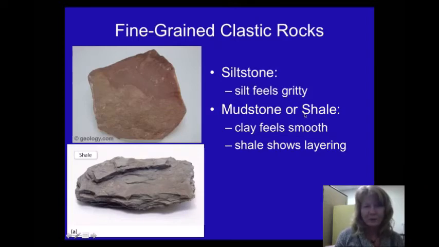So the difference between mudstone and shale is that shale actually shows a layering. So I said that the clay that makes up both mudstone and shale will only settle out in very quiet, watery environments.